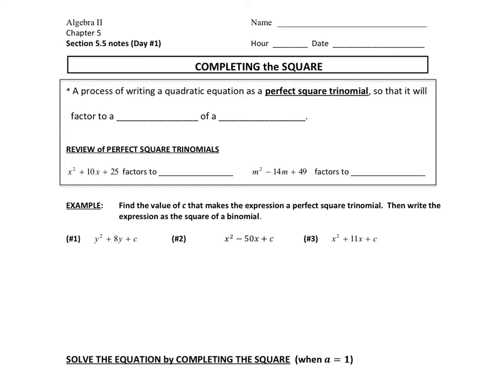So this is a process of writing a quadratic equation as a perfect square trinomial so that it will factor to a square of a binomial.